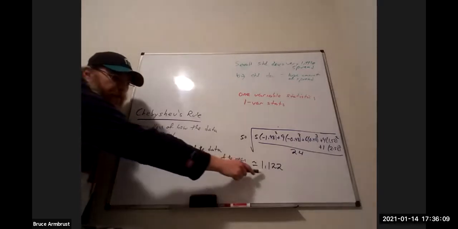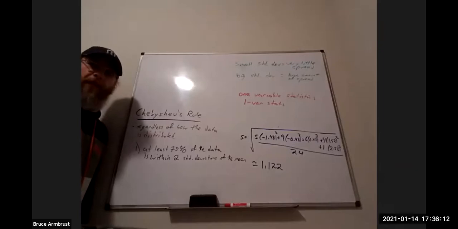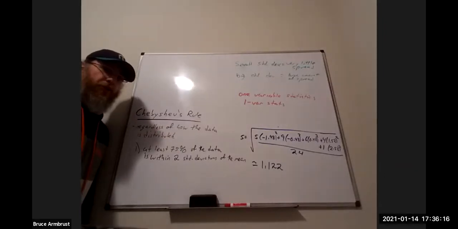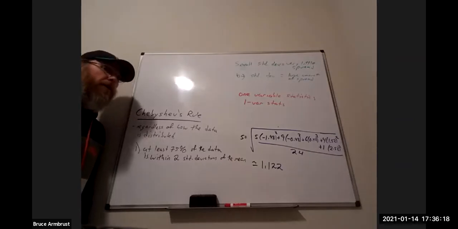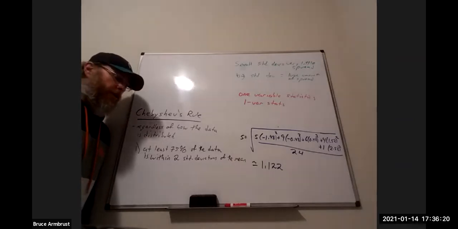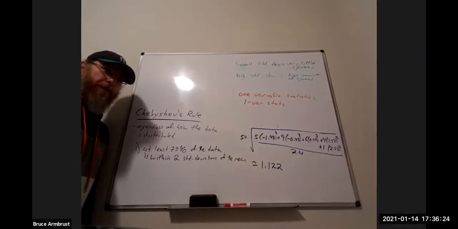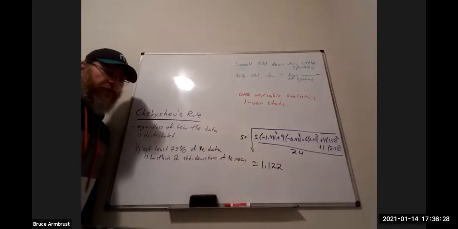So think about this guy right here, the 1.122. If you were to go 2 standard deviations, that's 2.244. You know that at least 3/4 of the data is going to be within 2.244 of the mean.